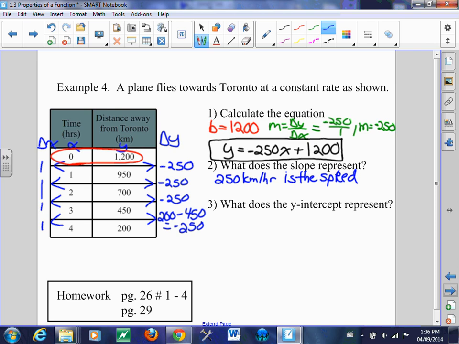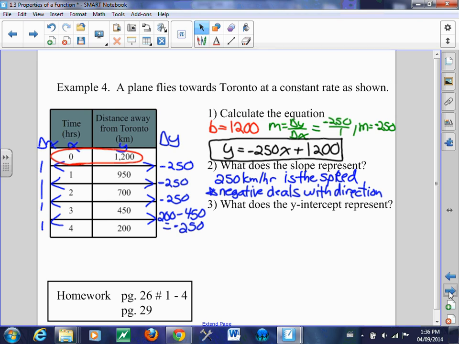The negative just refers to the direction. That means we're going towards it, which means the distance is getting negative because we're getting less and less distance away. We're getting closer to Toronto, right? So that deals with direction. So it's 250 kilometers per hour towards Toronto.